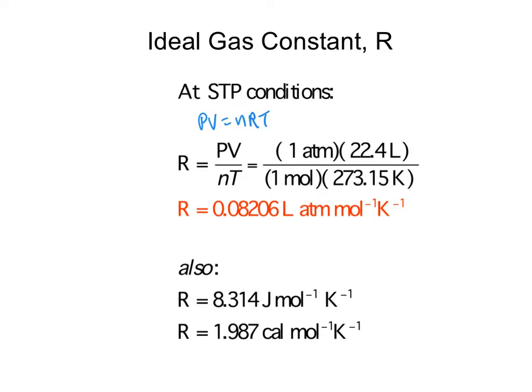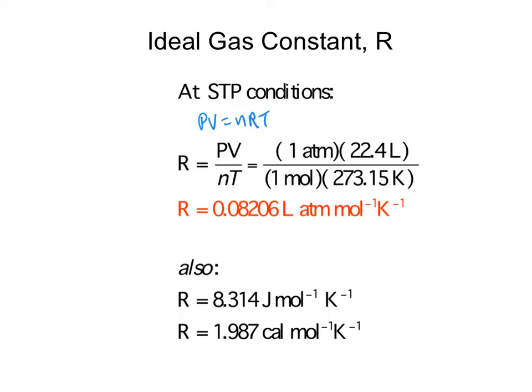When we study thermodynamics in the next chapter, you will see that we are also talking about the same constant R, but it has a different numerical value because it's in joules instead of liter atmospheres. So there's an equivalence between joules and liter atmospheres. This is a unit of energy. You wouldn't think so, but it is.